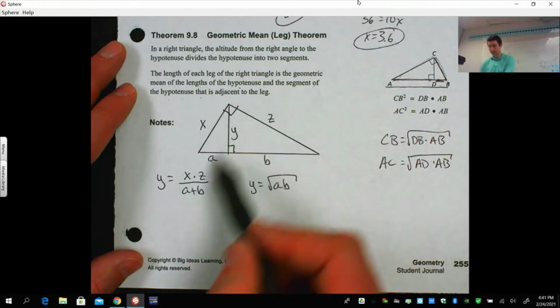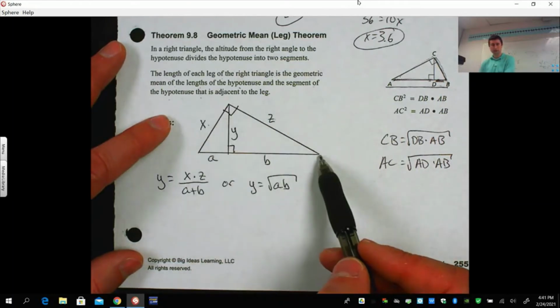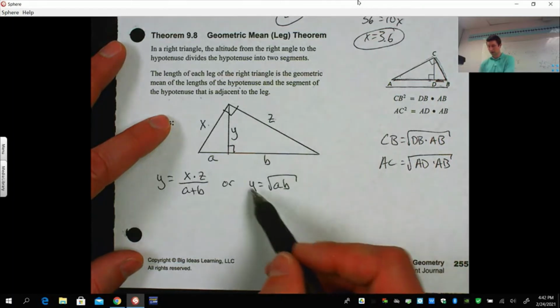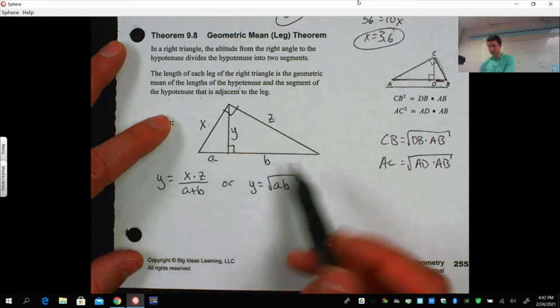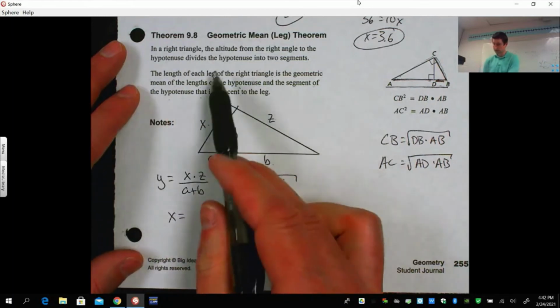So this is from the first one, our similarity theorem: leg times leg divided by hypotenuse, notice A plus B, or it can be the square root of A times B. If you're looking for X, this comes from the geometric mean leg theorem.